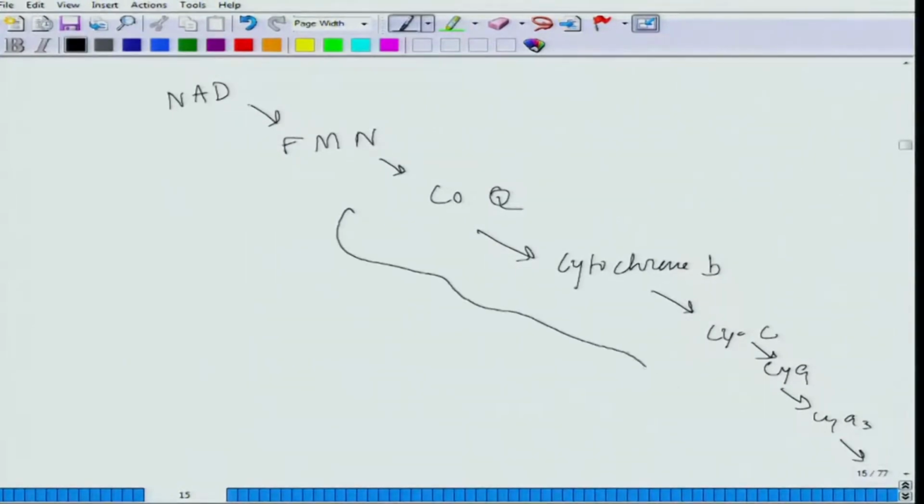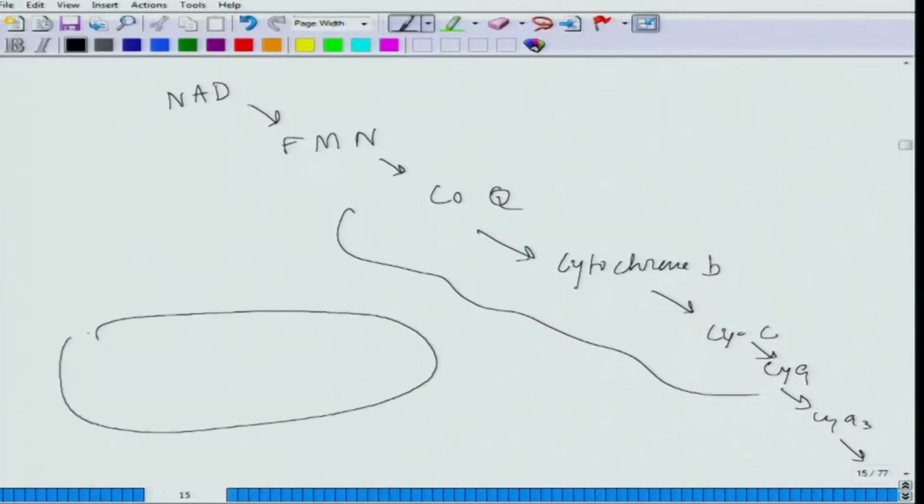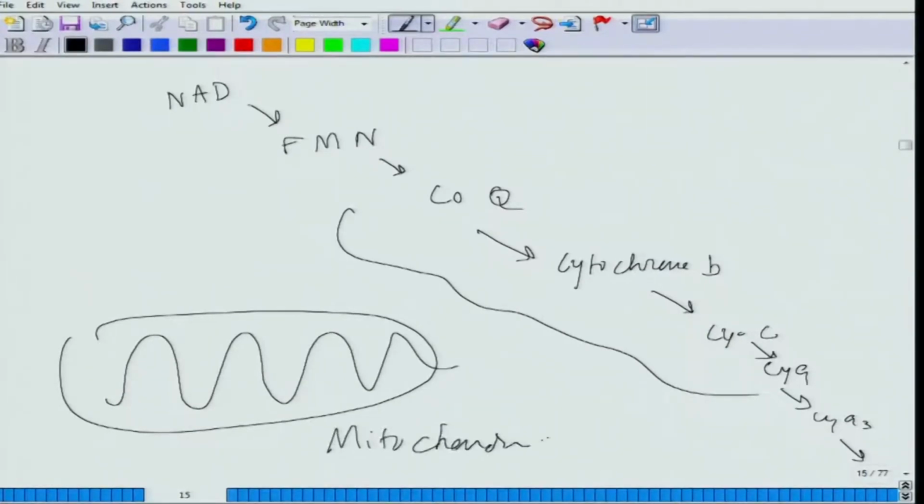Likewise, all these different reaction processes and different donors of the electron along this whole process inside the mitochondria lead to the formation of the final end product of this whole game, which is ATP production.